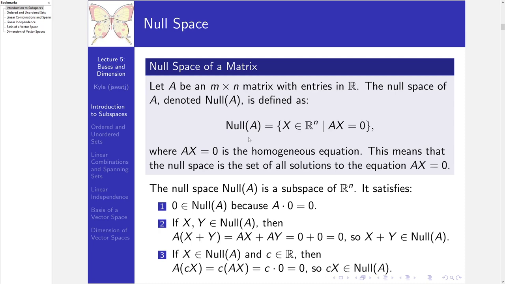Yeah, I typically see null space with matrices. That's usually how they're introduced. But yeah, I think they're exactly the same. They're essentially the same thing.